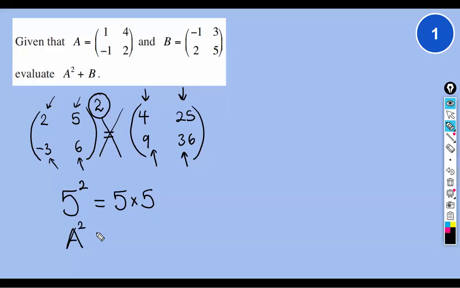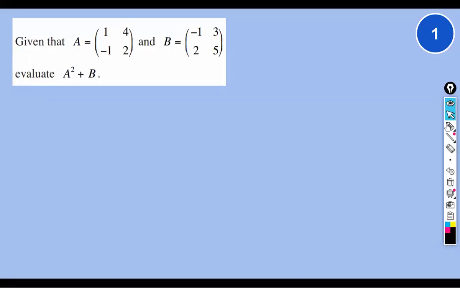A squared is really A multiplied by another A. It's A multiplied by itself. Use that hint to figure out A squared plus B. So that's my hint to you. Good luck. I'm giving you 5 minutes to come up with an answer. Send your answers on the chat.